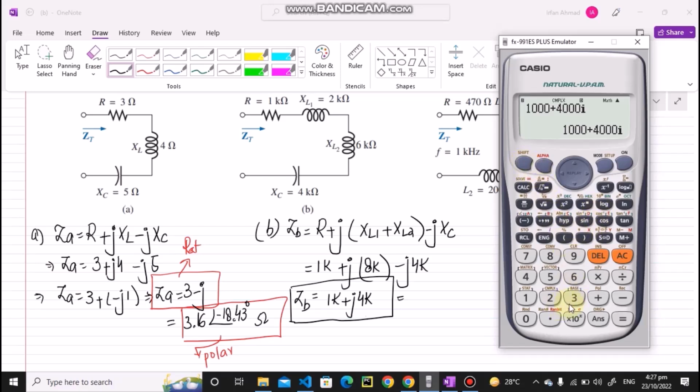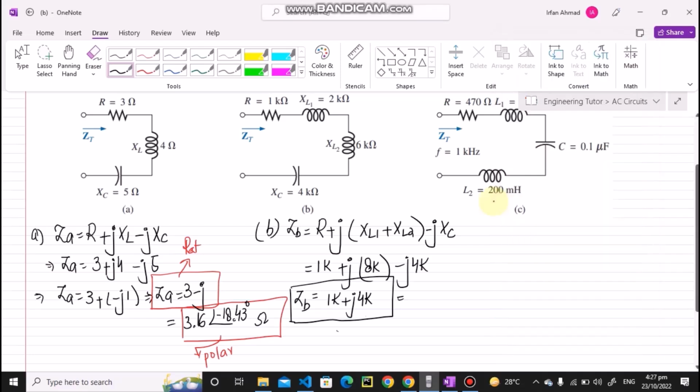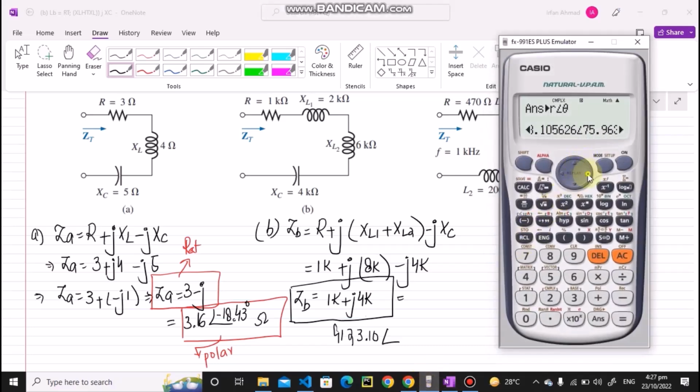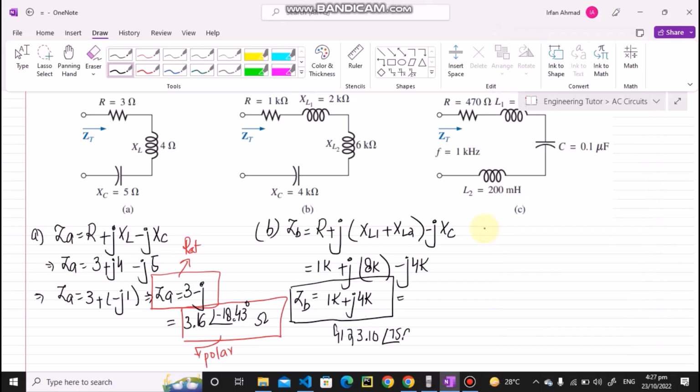Now converting it into the polar form, the magnitude is 4123.10 and the angle with it is 75.96 degrees. That is in ohms, and we can clearly see that this is the polar form. So both of these forms are now calculated.